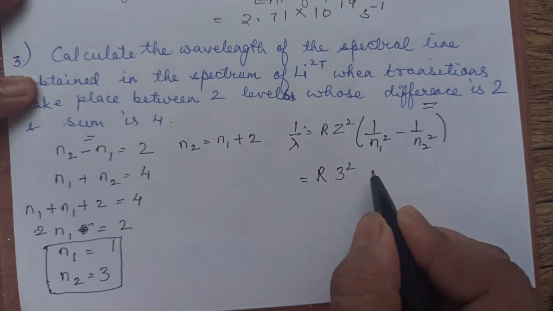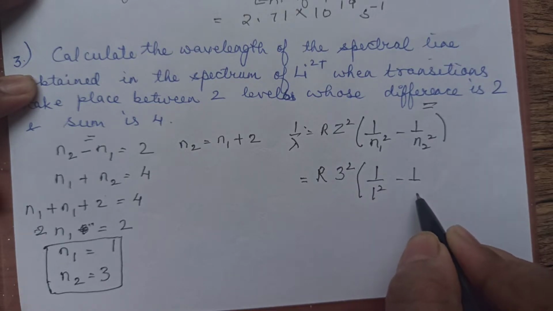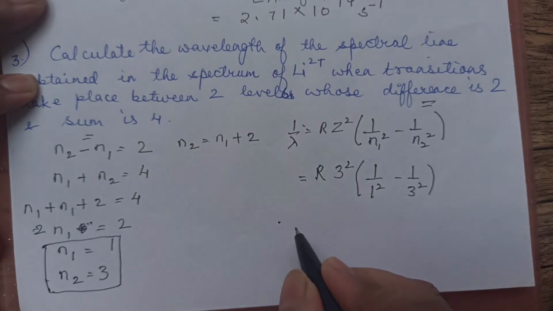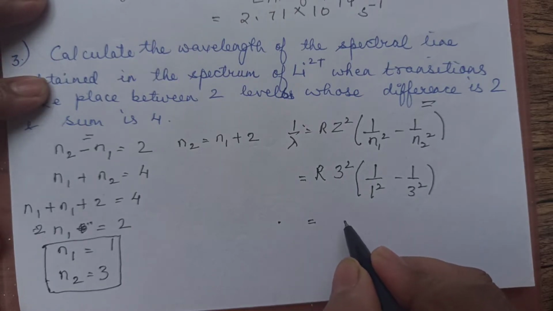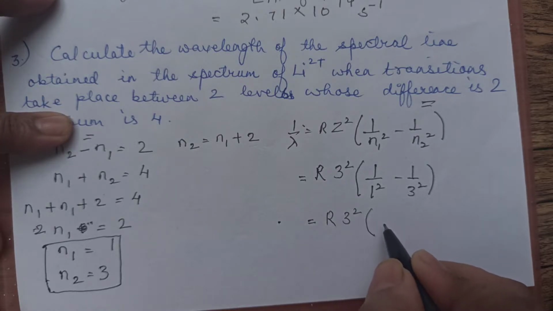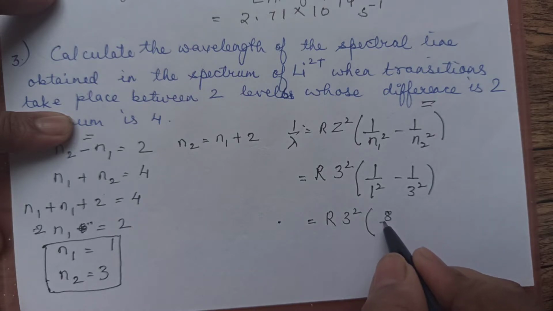So 3 square I will put. It is 1 by 1 square minus 1 by 3 square. If I solve the inner part, I am getting R and 3 square, and 1 minus 1 by 9 is 8 by 9.